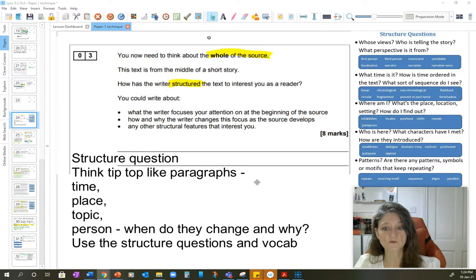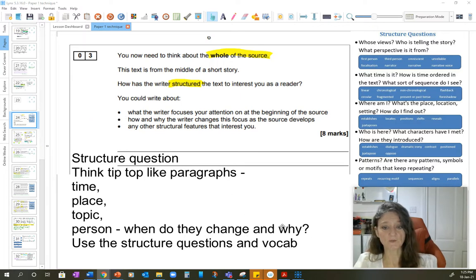So learning this off by heart, if you don't know it already, is going to help you anyway. So as you're reading through the extract, think to yourself, does the time change? Does the place change? Does the topic change? Or does the person change? And for each of these things, think to yourself, when do they change and why do they change?